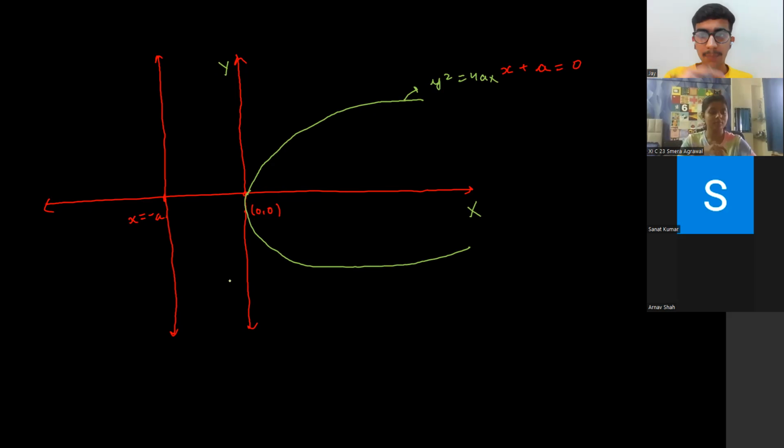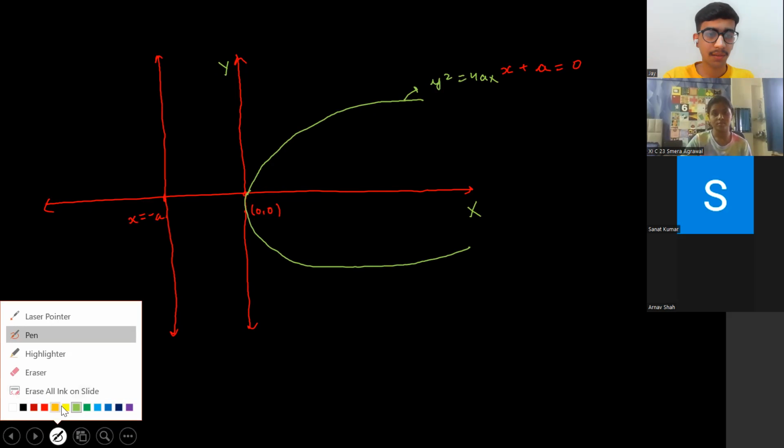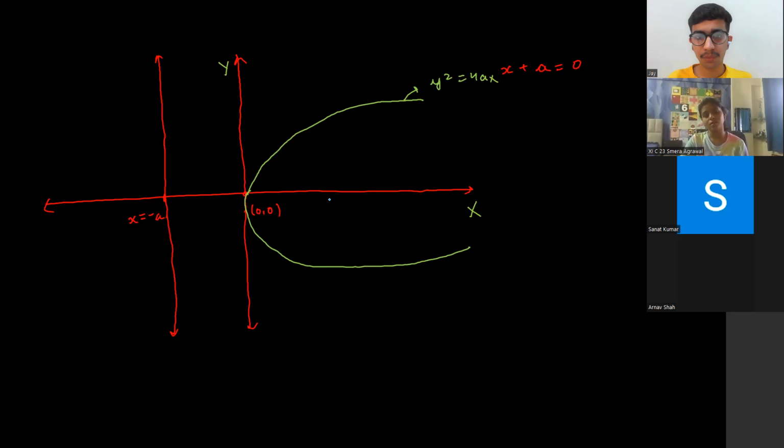तो अब समझते हैं मैं जो बोल रहा था distance of the fixed point and the fixed line. So I said the fixed point is the focus, which is a comma 0. यही parabola का focus था a, 0 and the line was this. So basically इस parabola पे जो भी points होंगे वो इस particular line से और इस particular focus से equal distance पे होंगे.